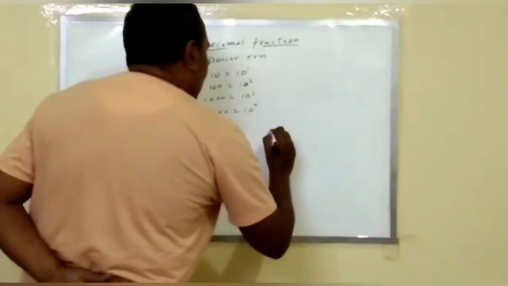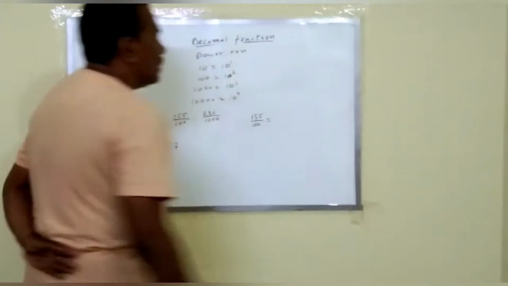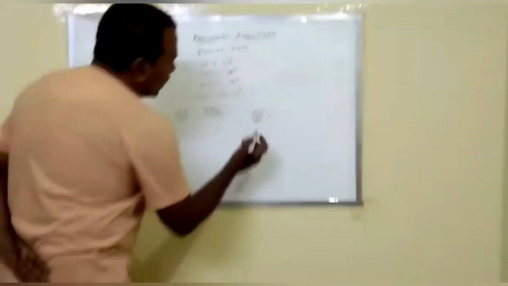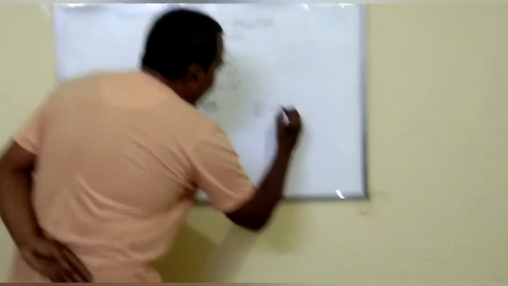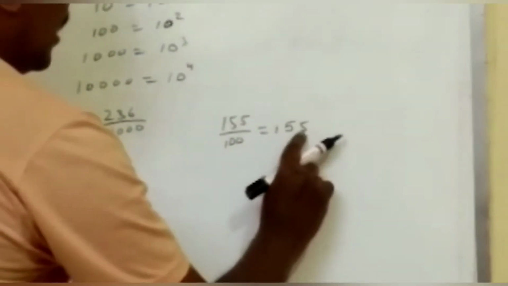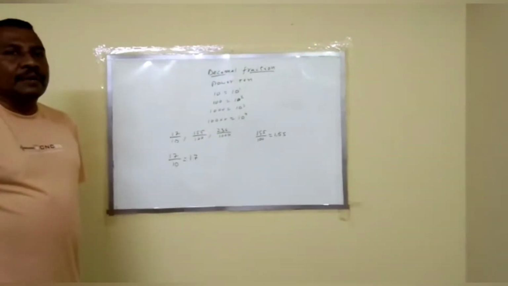In the same way, 155 by 100. As usual, write the numerator 155. Observe the denominator: it contains 2 zeros. So from the right, count 2 digits, 1, 2, and keep a decimal point: 1.55.